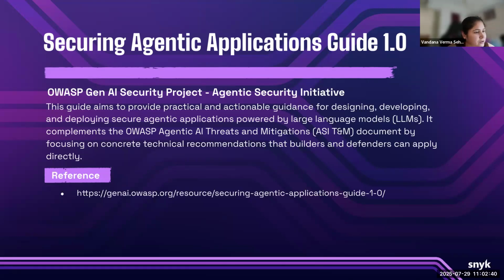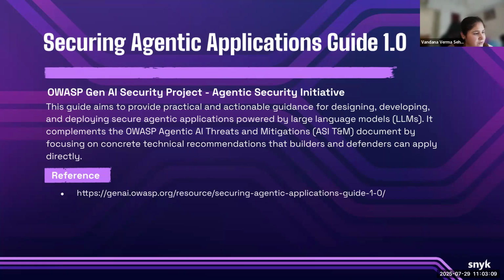Now, this particular book or guide, whatever we call it, because some people call it a testing guide as well, or a guide for securing agents, talks about how agentic AI is not just about chatbots. It's much more than that. There are autonomous decision makers, which are part of the memory. There are tools, there are authority mechanisms that we take care of.